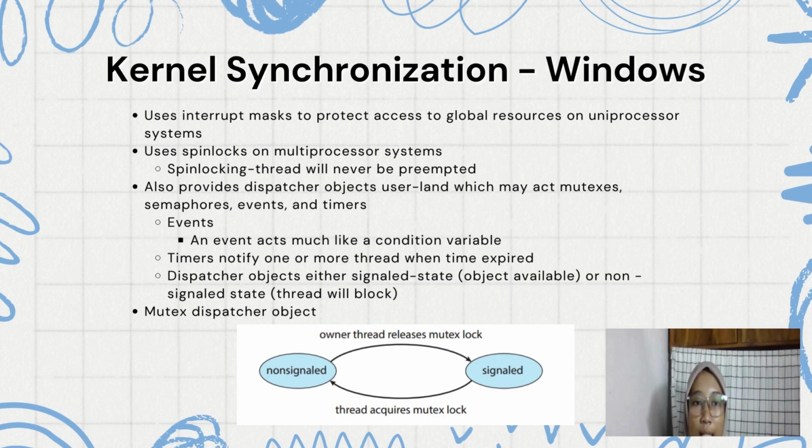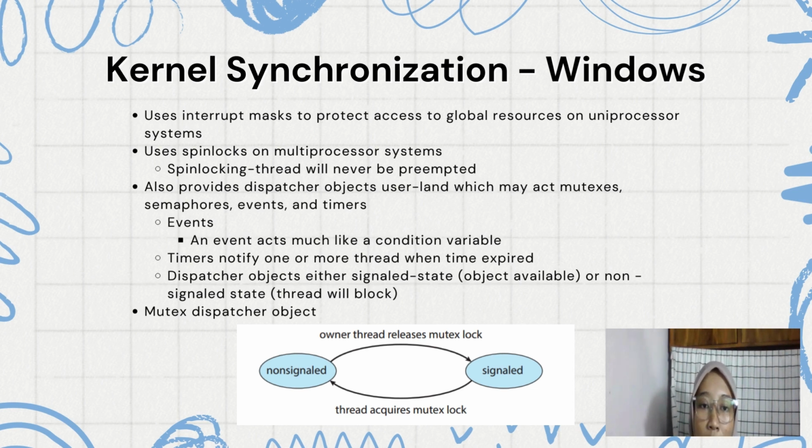Kernel synchronization in Windows. It uses interrupt masks to protect access to global resources on a uniprocessor system, and uses spin locks on multiprocessor systems. A spinlocking thread will never be preempted. Windows also provides dispatcher objects: mutex, semaphore, event, and timers.